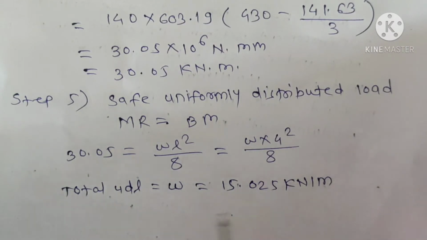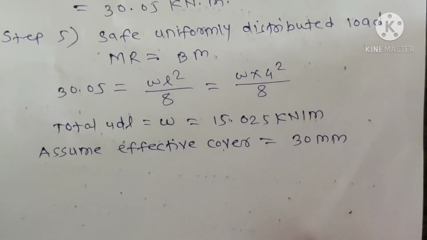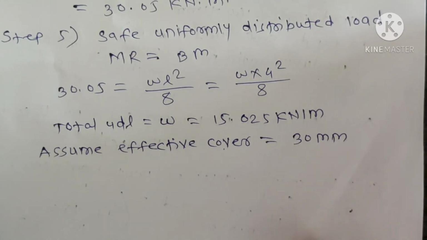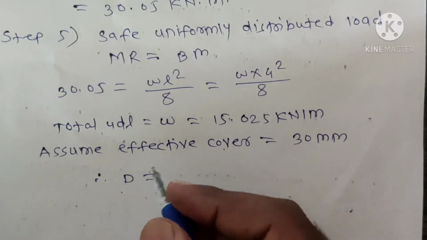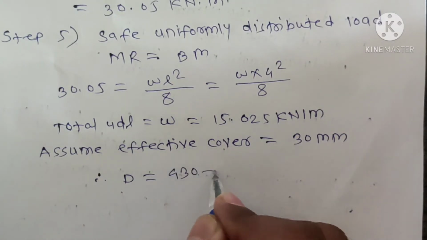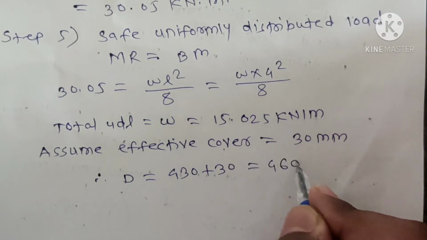Assume effective cover 30 mm. Therefore D is equal to 430 plus 30, that is 460 mm.